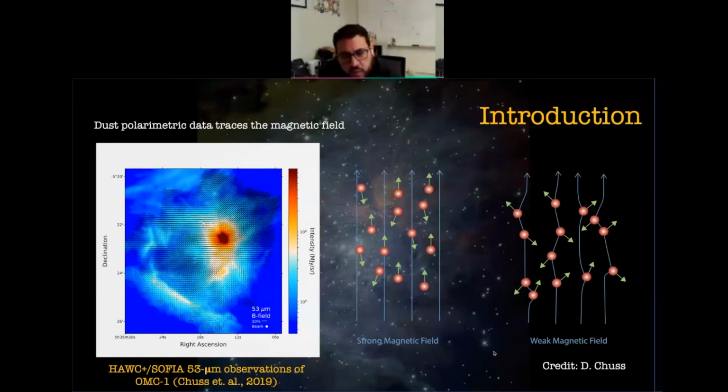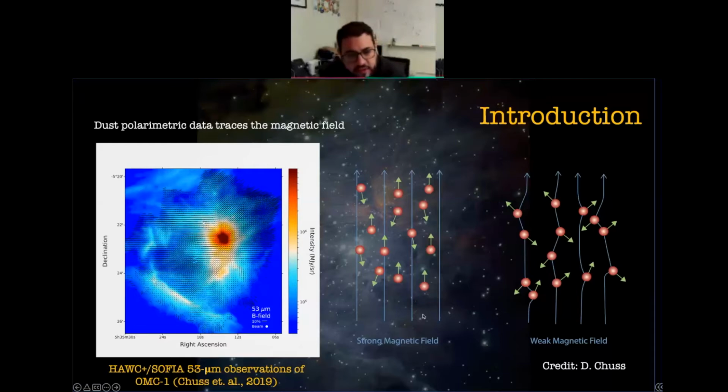Now, what we really are interested in is whether the specific patterns that you can see in observations like this can tell you a little bit more than just the direction of the magnetic field locally. We can see on the right an example of two cases.